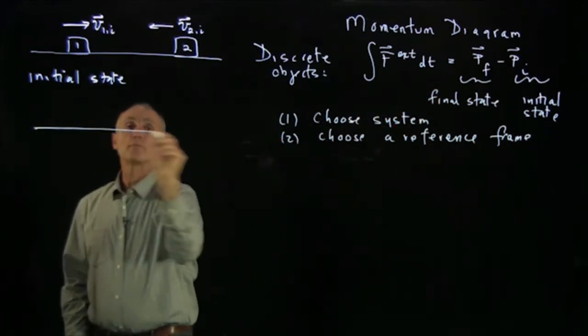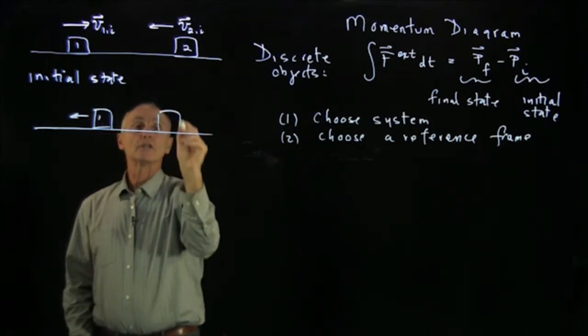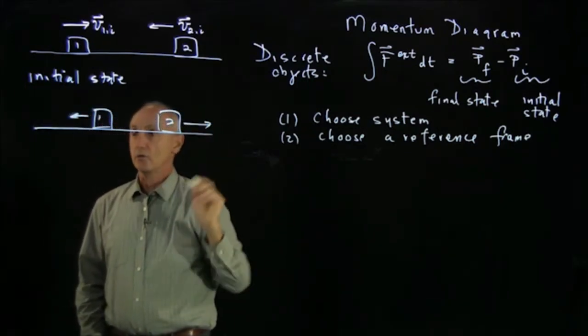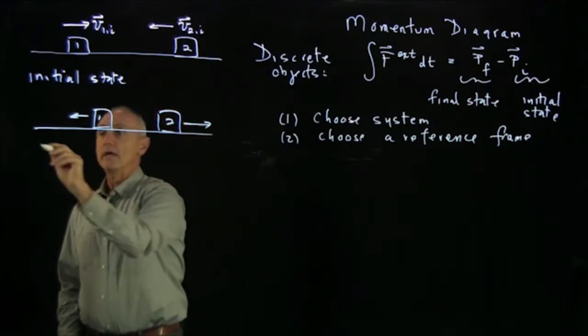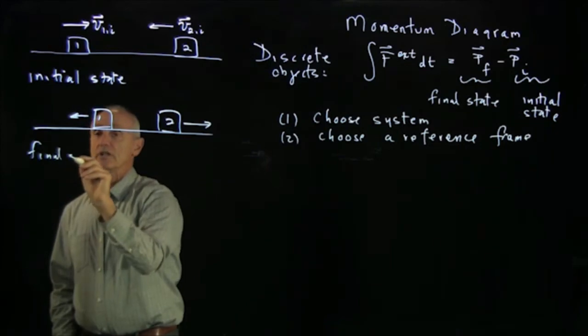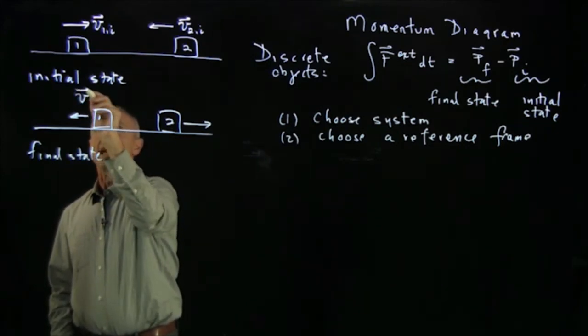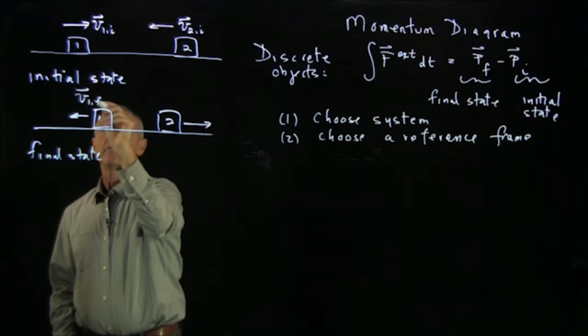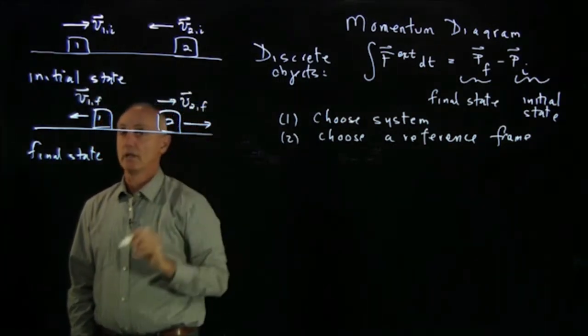Similarly, if these two objects collide, we actually don't know which way those objects will end up moving. So in our final state after this collision, we again represent the velocities by vectors. This is v1 final, and this is v2 final.